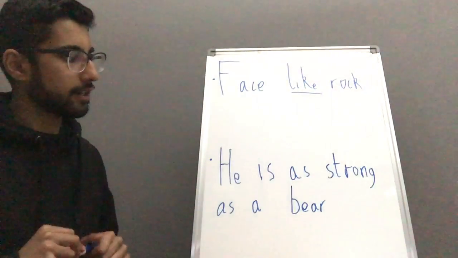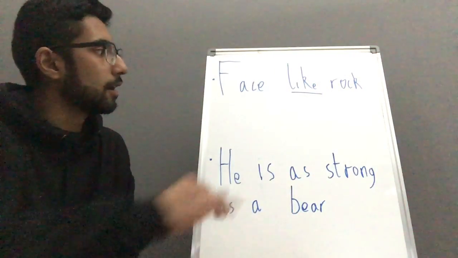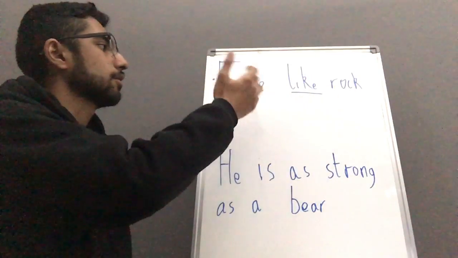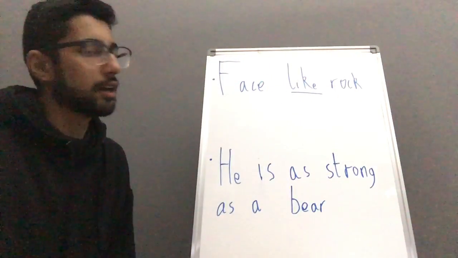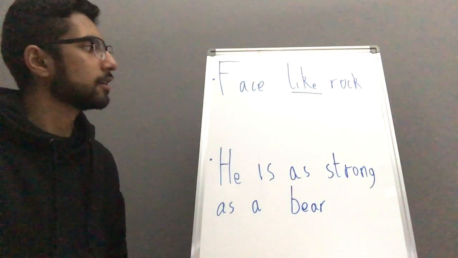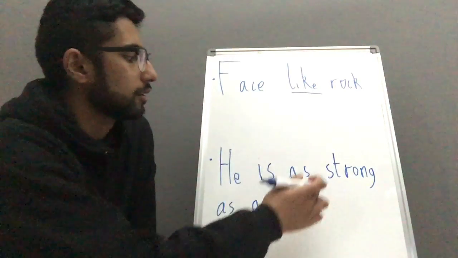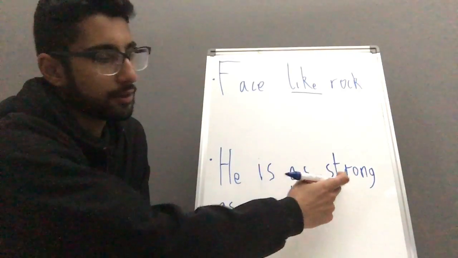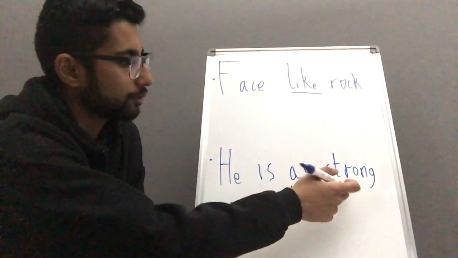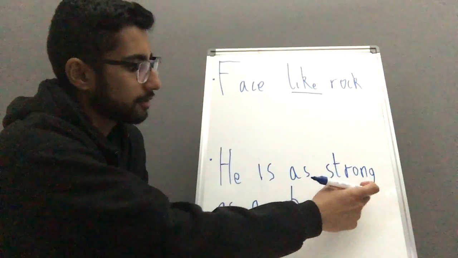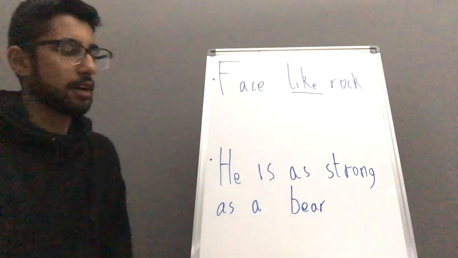Whereas here it's just like, so you compare two nouns together. So a face like rock, eyes like the ocean, that sort of thing. Here you are comparing one thing with a characteristic of another thing. Bears are very strong, so you say he is as strong, this is the characteristic, as a bear.